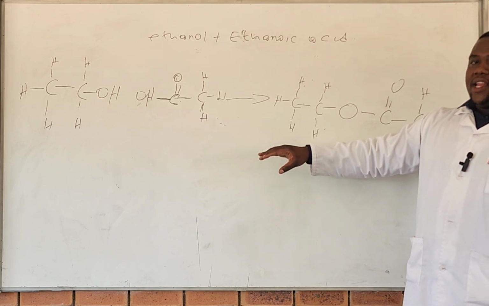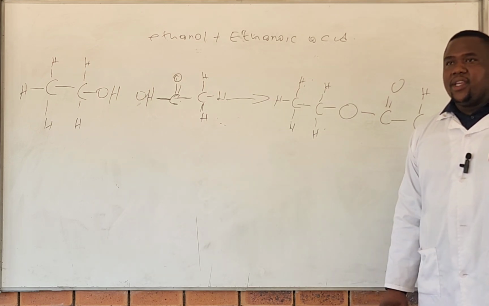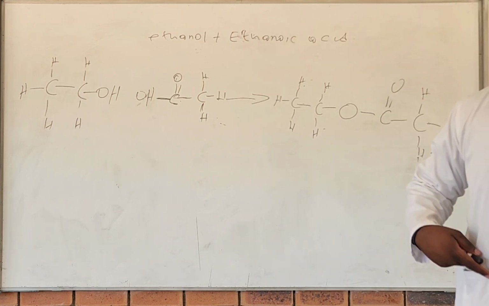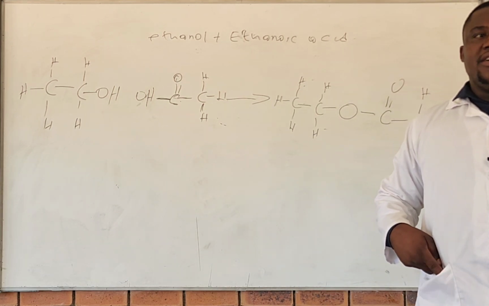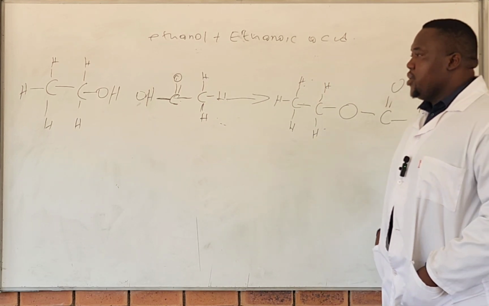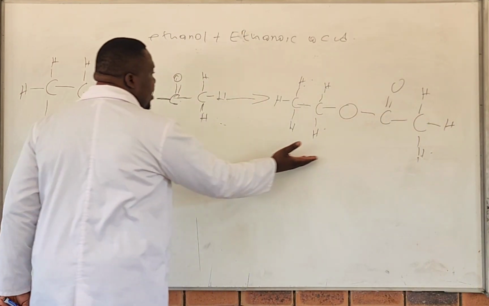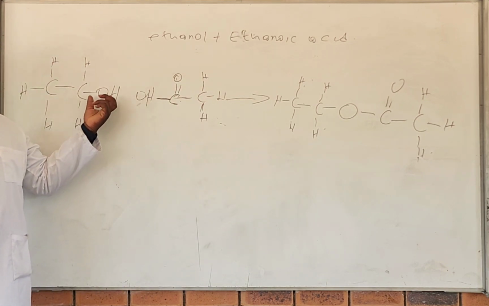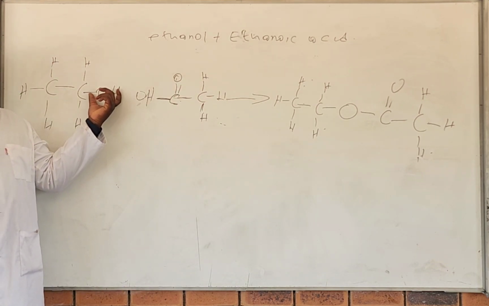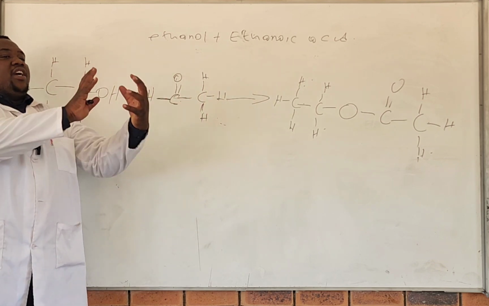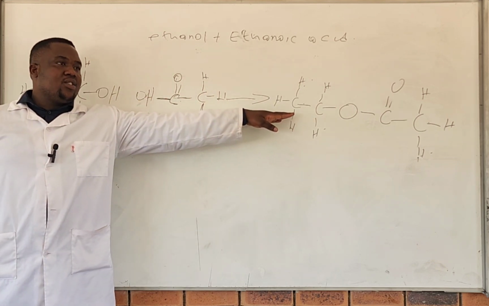So now I need to show you how we give the IUPAC name of an ester. I want to show you how we give an IUPAC name of an ester. Do you see the type of ester that we formed? There it is. We just remove OH from the alcohol and H from the carboxylic acid. Then we push everything together. Then that's what we formed.